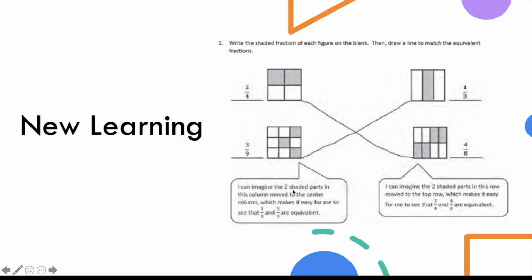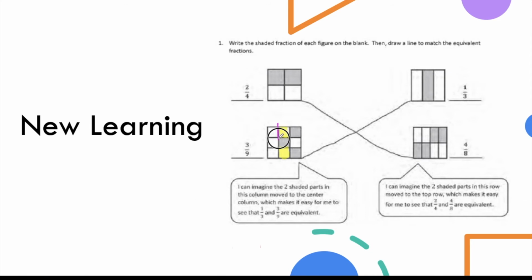It says, I can imagine the 2 shaded parts in this column moved to the center column, which makes it easy for me to see 1/3 is equivalent to 3/9. So what they said was, let's pretend that instead of these 2, it's these 2 that are shaded. So now when you're looking, it's pretty easy to see.